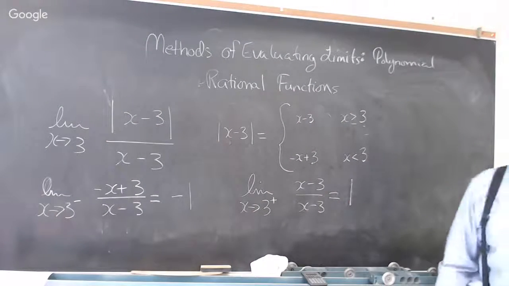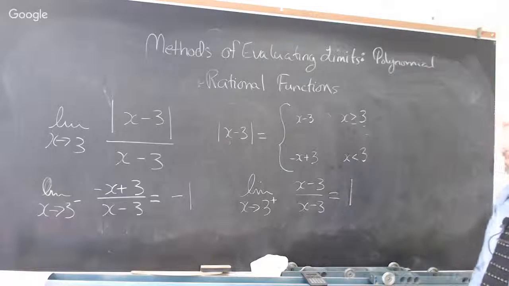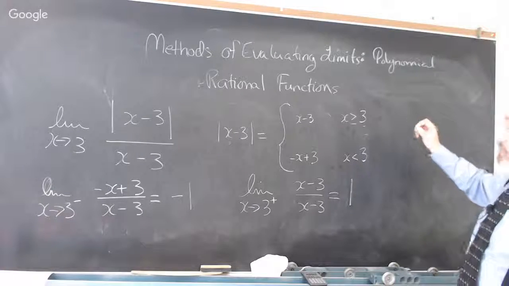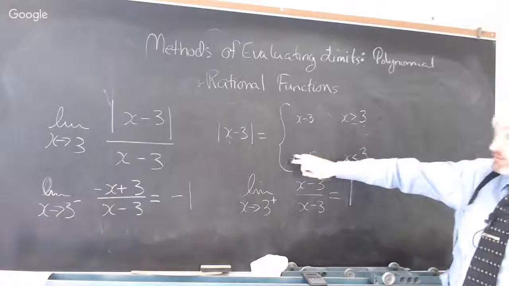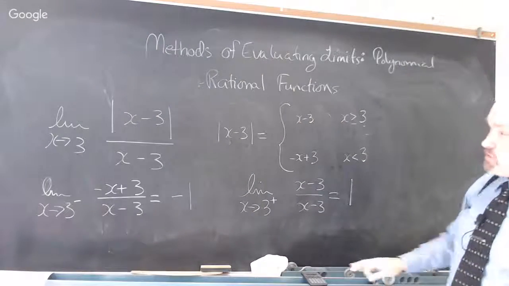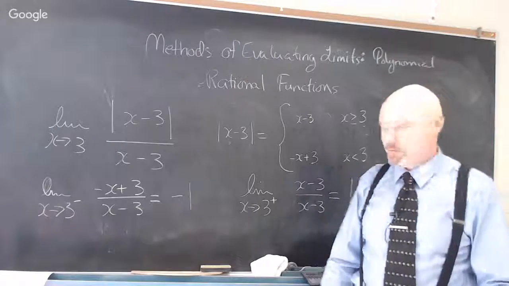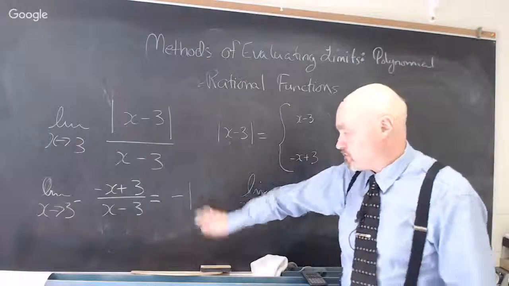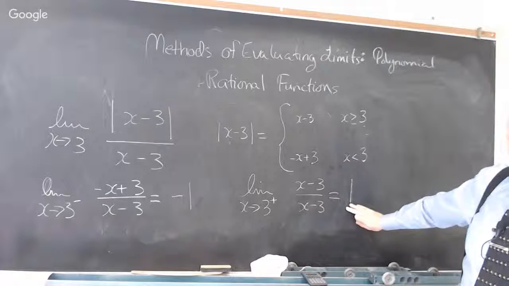So this is equal to 1. And so what we have, basically, even though this looks like a nice function, as x approaches 3, this has a jump discontinuity. It's -1 as we approach from below or from the left. And it's +1 as we approach from the right.